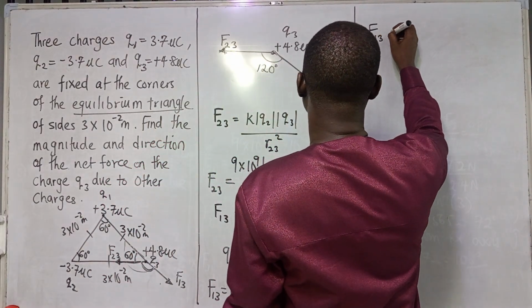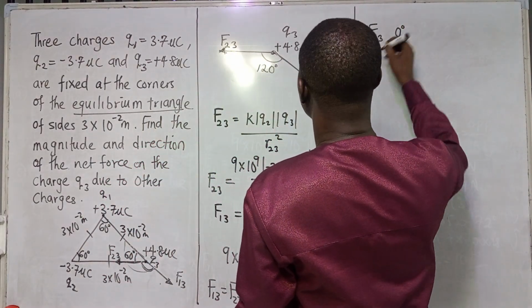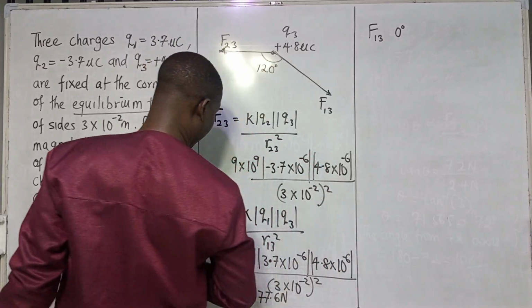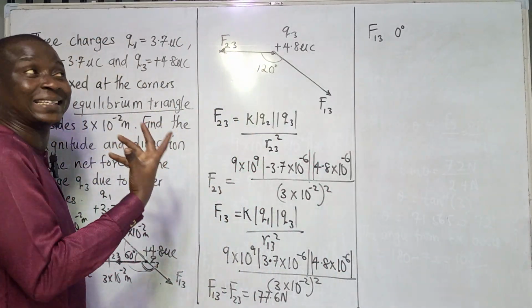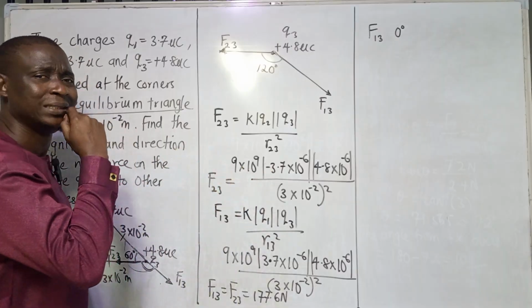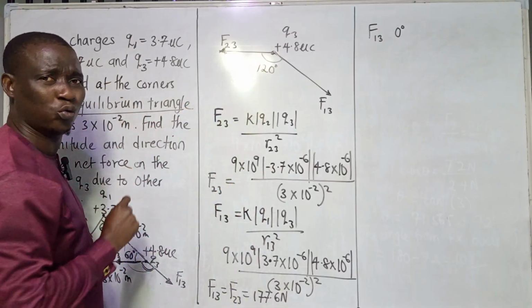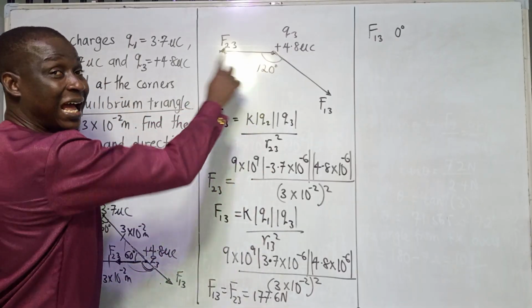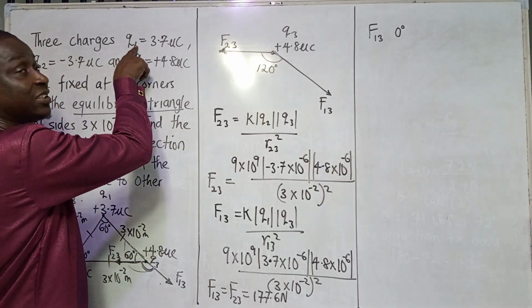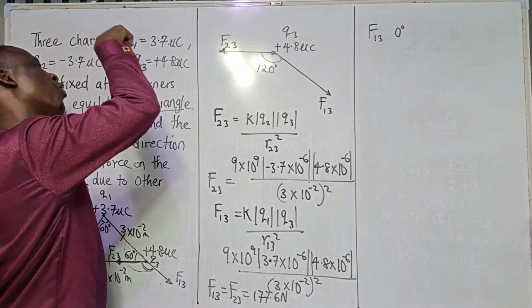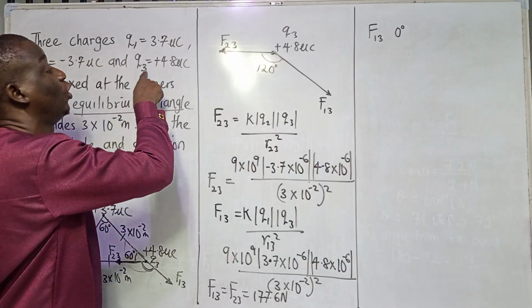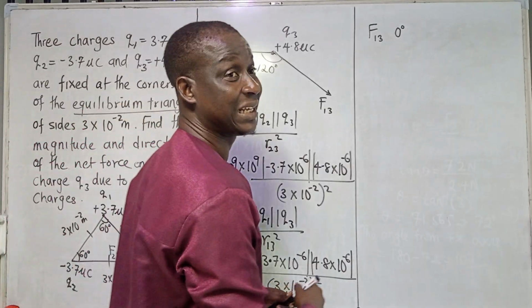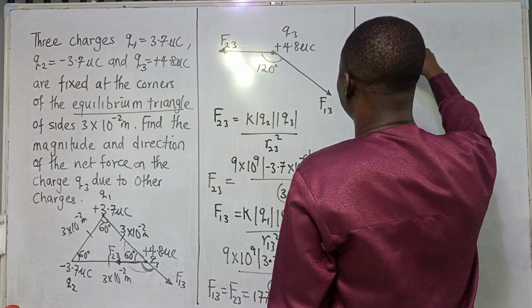F13 will take 0 degrees. Look at the board, what I'm saying. Let one of the forces be the starting point, which is 0. Then the second will not take the angle; the second will take the angle between them. So which charge comes first? Q1 on Q3, which is taken as 0, that means the direction of 0.